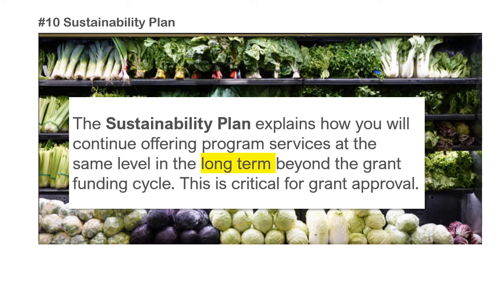We have fundraising strategies already in the works. We have other grant funders who have committed to giving us grant money going forward. We are going to sell some of our vegetables to grocery stores. You want to be able to list ways in which you're going to keep the program going for the long term.